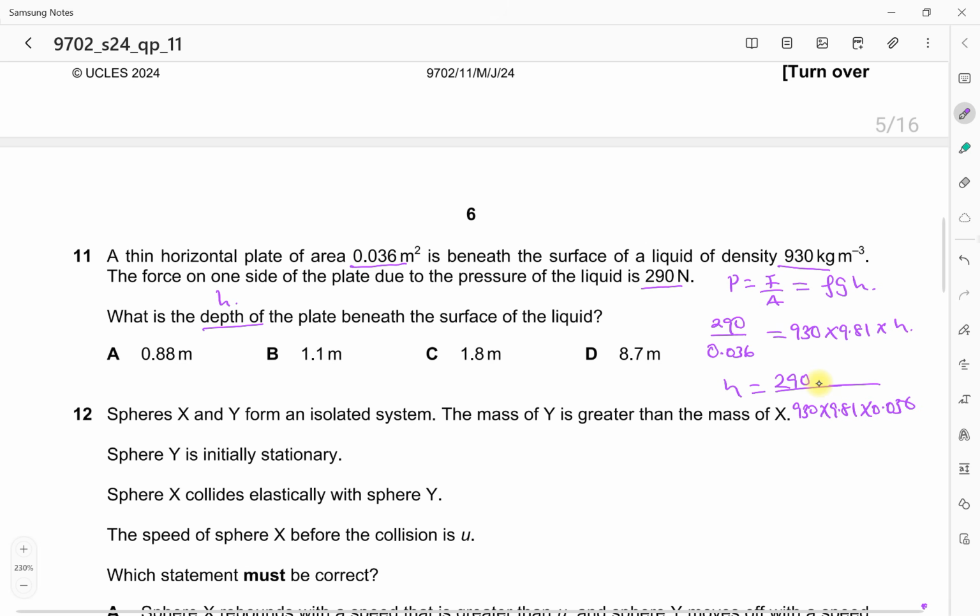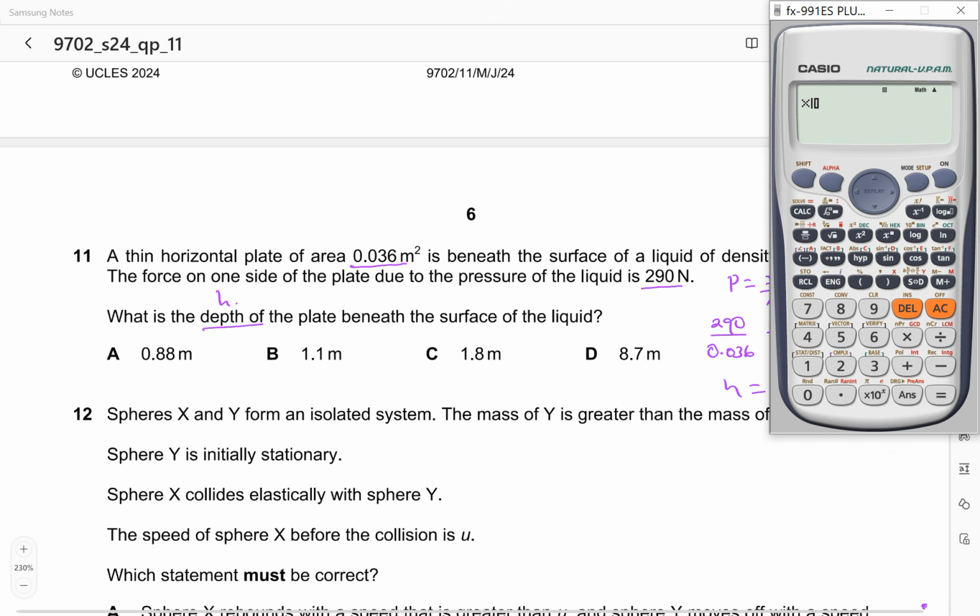So I'll just put this in my calculator. 290 divided by 930 times 9.81 times 0.036.